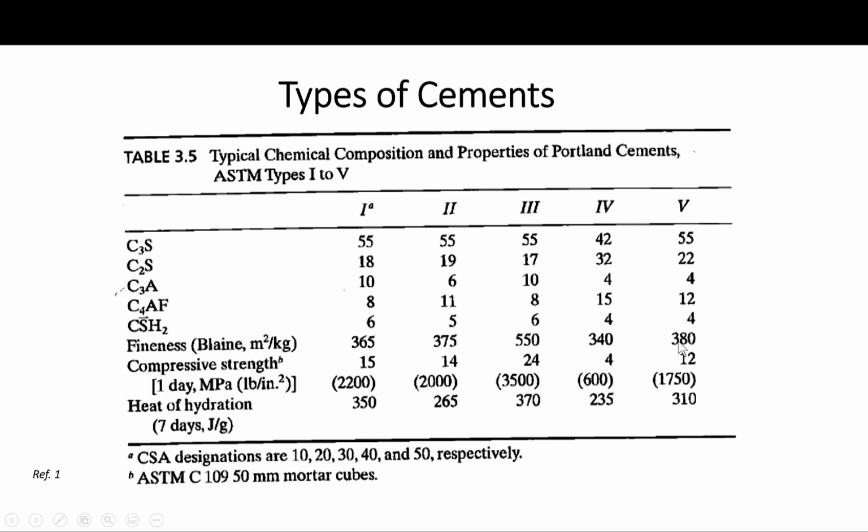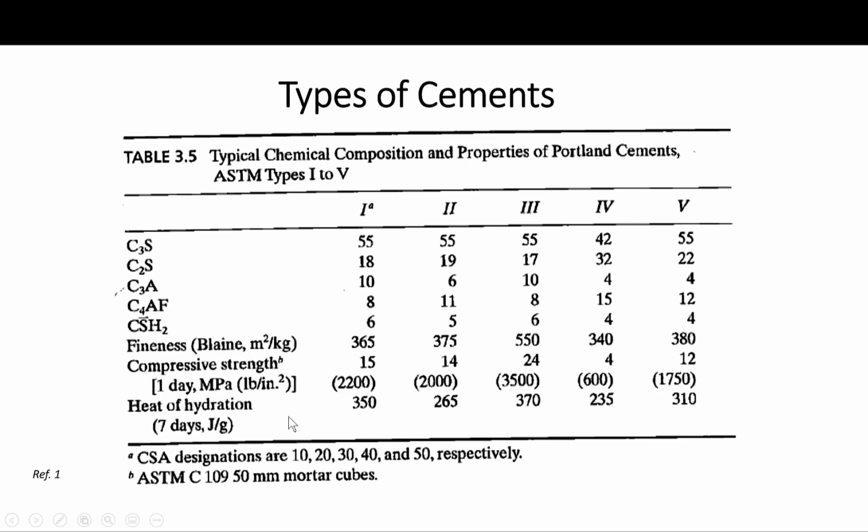Type 5 is of the same order. Compressive strength, this is 1 day in MPa, and as you can see, 15 MPa, type 2 close, type 3 24, type 4 is 4, type 5 is 12, so less early strength.